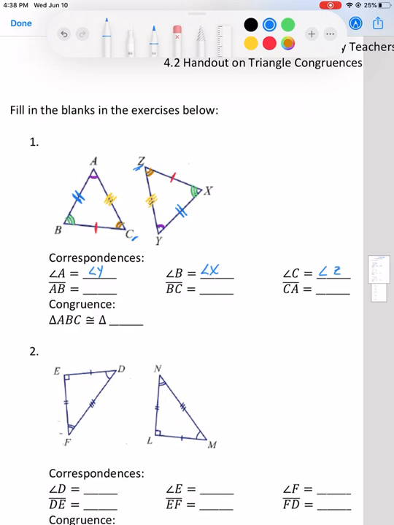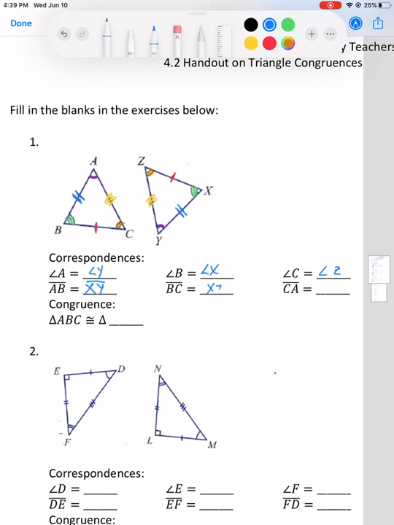Now we can look at the sides. AB has two blue marks on it, so it corresponds with the side that has two blue marks on it in the other triangle, which is side XY. Segment XY goes there, good. BC has a red mark on it, so it corresponds with the red mark XZ.